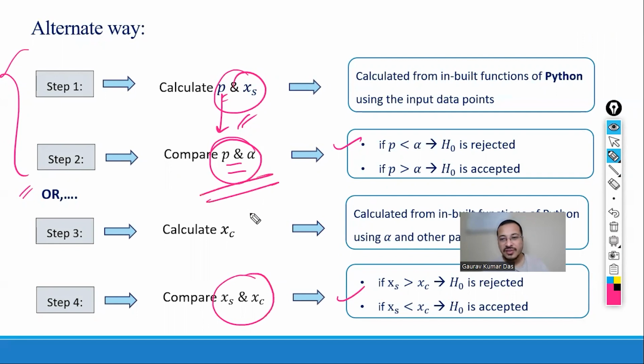This comparison, the Pythonic way, is much easier because it can be done in one single line of code. So why do we have to follow the long, lengthy process which I defined in the previous slide? But I've defined it, of course, because in institutions or schools probably you will not be allowed to use Python to solve your theoretical question papers.